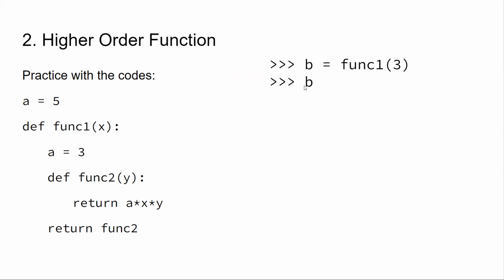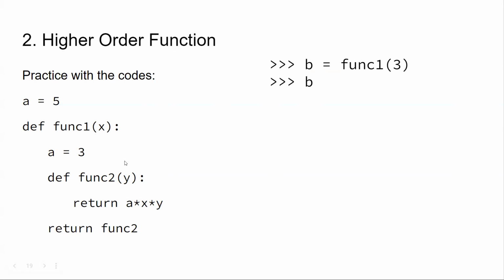So a is 5, and we recognize the function definition and then we skip it. So suppose we have b equals function 1 of 3. So we pass 3 into function 1. In function 1, x is 3 and a is also 3.